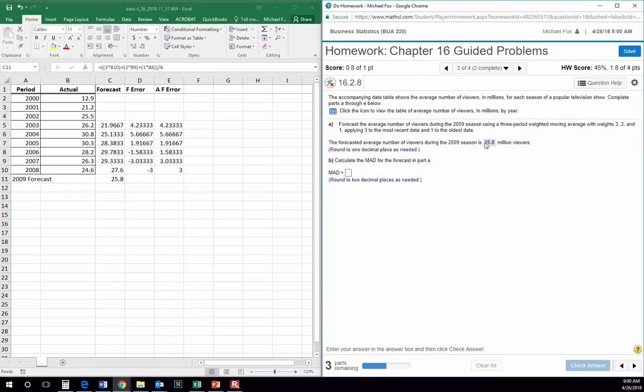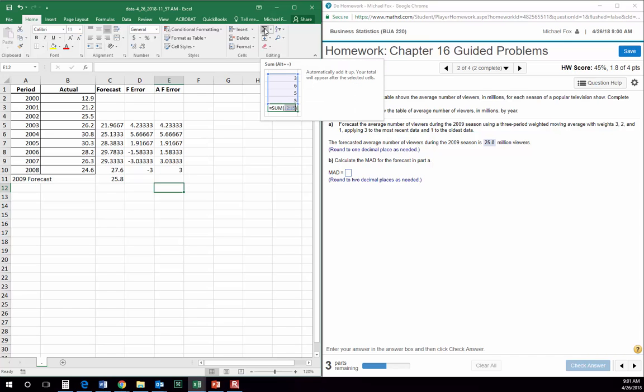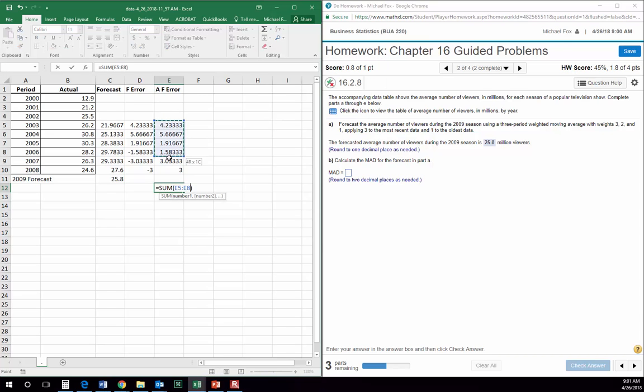So to calculate the mean absolute deviation, we take the sum of our absolute error, we divide that by n, which in this case is 6.